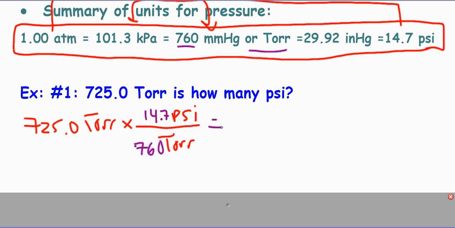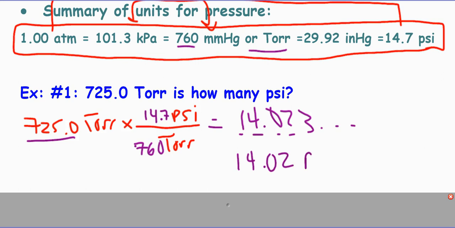And if you type that into your calculator, which I'm going to do as well, your calculator will display 14.023... We are going to get 4 sig figs, so 14.02 here would be our answer in pounds per square inch. You can kind of think, does this seem reasonable? 725 is a little bit less than 760, so our answer should be a little bit less than 14.7, so a little bit under 1 atmosphere of pressure.